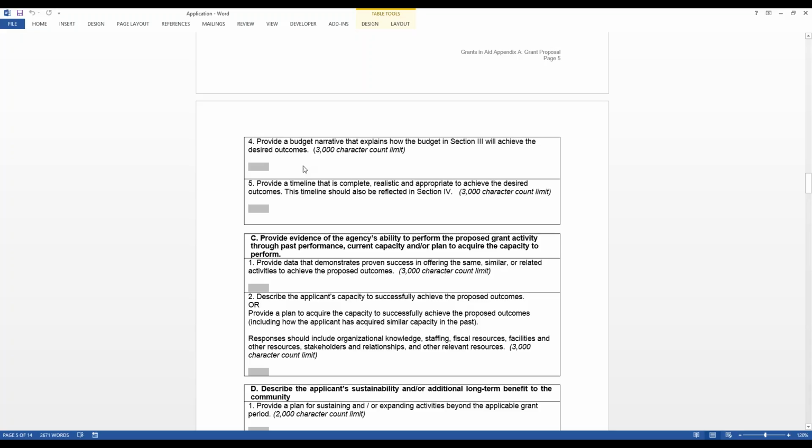So talk about the budget a little bit, explain your financial needs and how the dollar amounts correlate to the activities. Same thing for section 5.